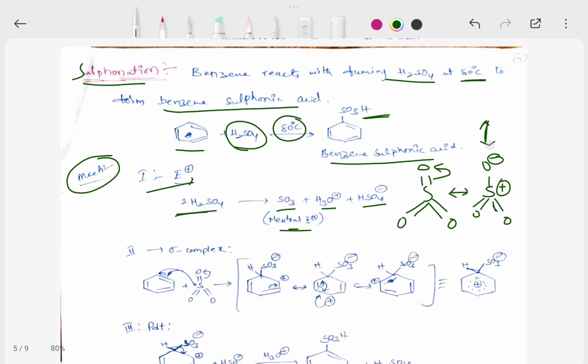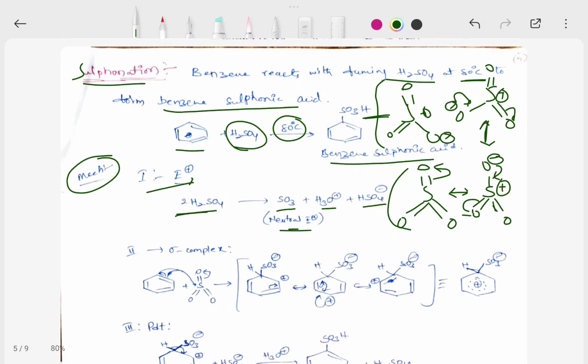Then next you can write S double bond O, O minus, and plus, double bond O. Here sulfur trioxide is a neutral electrophile, and it also has this type of resonance structures.